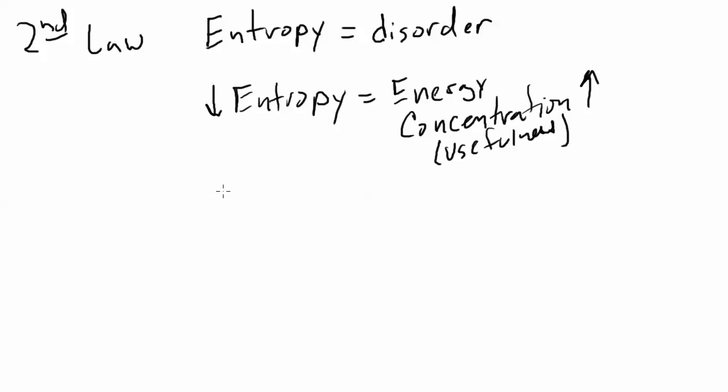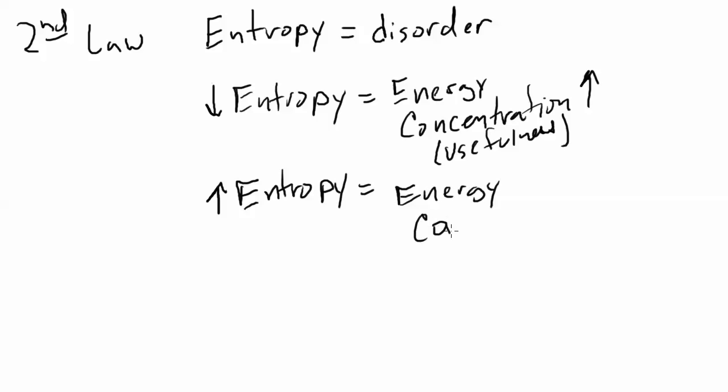And if the entropy is high, the disorder, the randomness of the matter is high, then usually that means that the energy concentration is low. And again, if you don't like concentration, you can think of it in terms of usefulness.